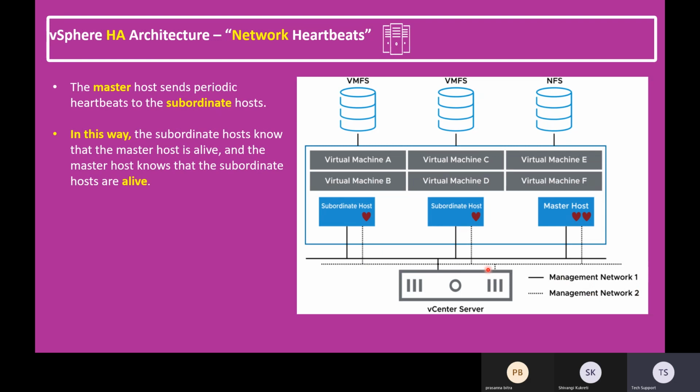The dotted line refers to management network 2. This management network mainly focuses on network heartbeats. This is the heartbeat symbol. The master host sends periodic heartbeats to the subordinate hosts. In this way, the subordinate hosts know that the master host is alive, and the master host knows that the subordinate hosts are also alive. It's vice versa.